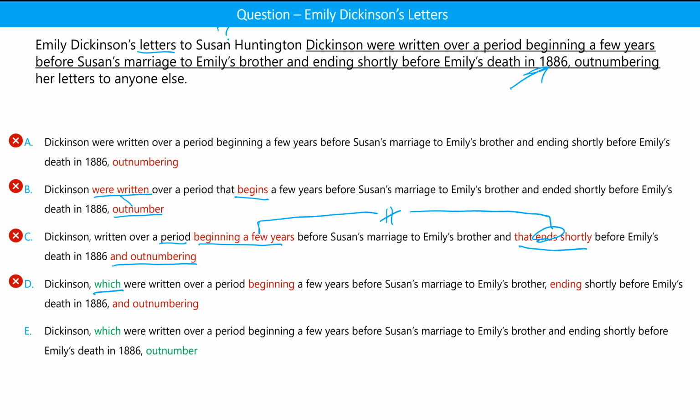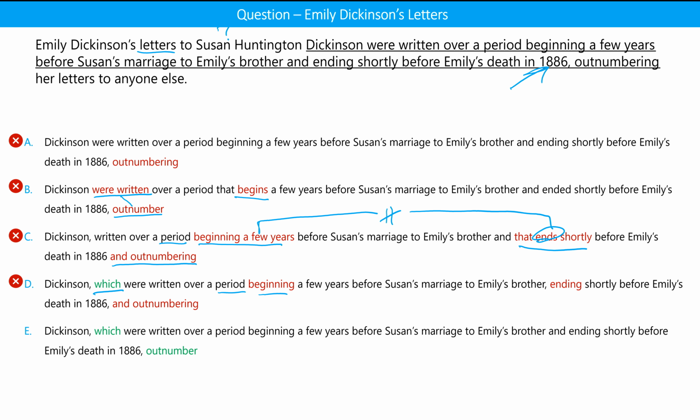However, choice D has additional errors. We have a subject verb must exist error. If you look at this structure here, letters does not have a verb that's associated with it. We have Emily Dickinson's letters, but there's no verb in the rest of the sentence that letters is associated with. And the second error is we seem to have a list of modifiers here describing period again.